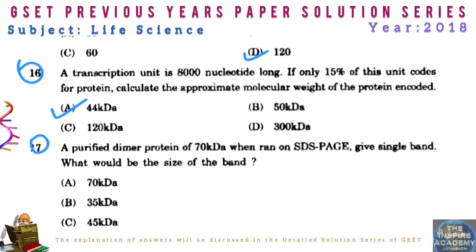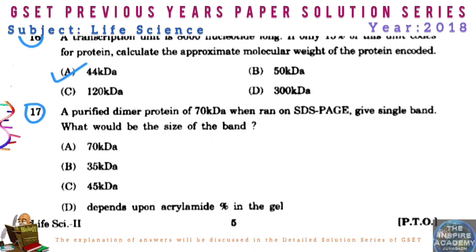Question number 17. A purified dimer protein of 70 kilodalton when run on SDS PAGE gives a single band. What would be the size of the band? The correct answer is 35 kilodalton.